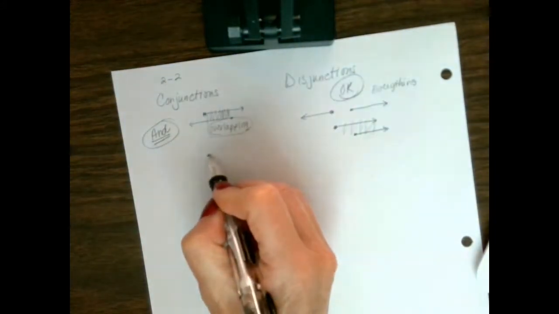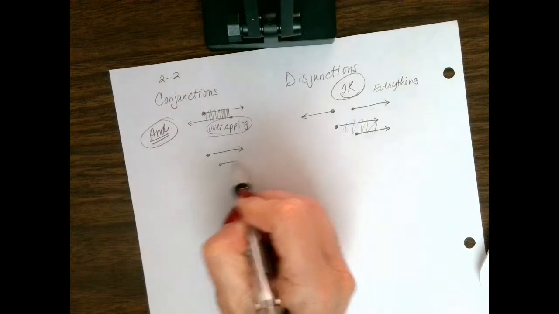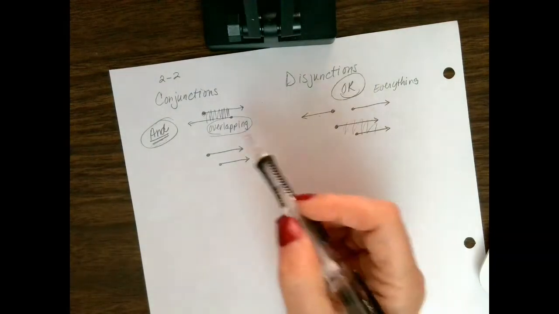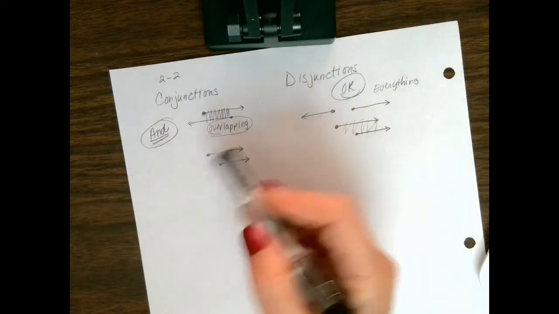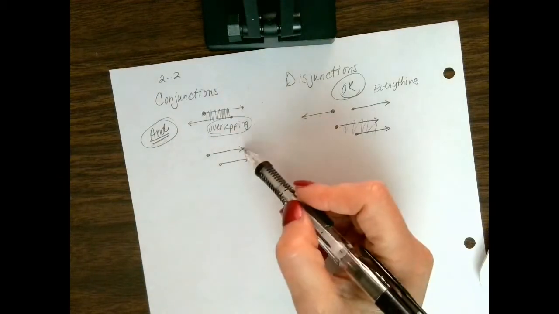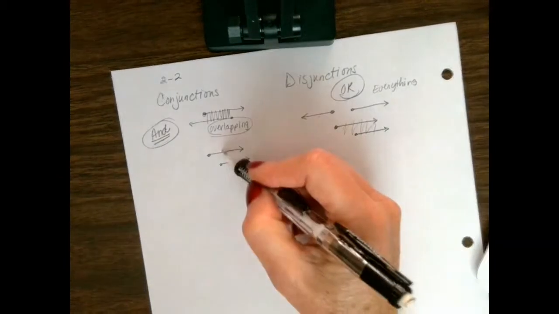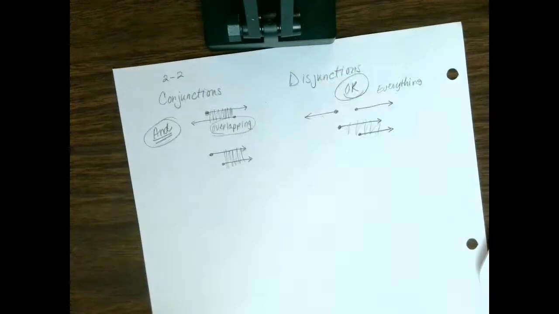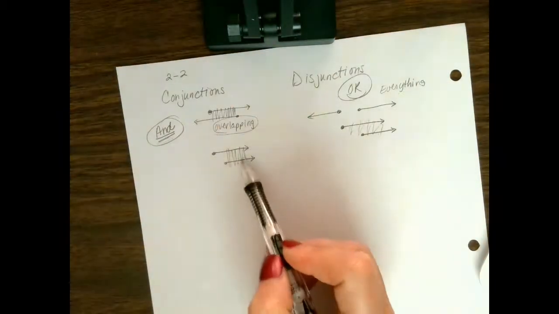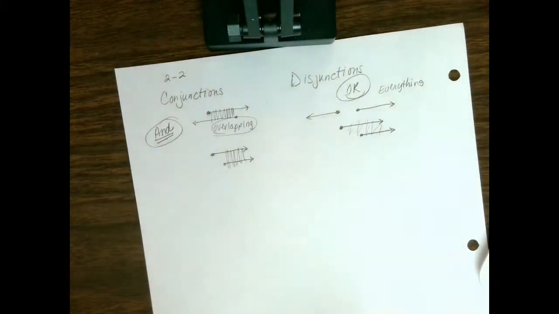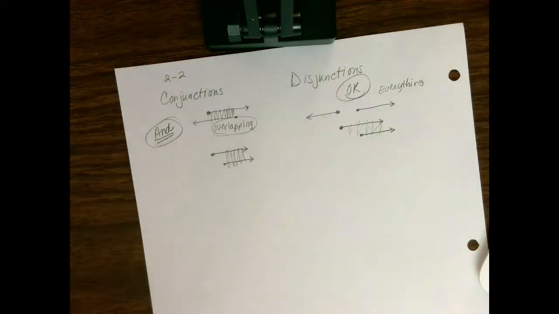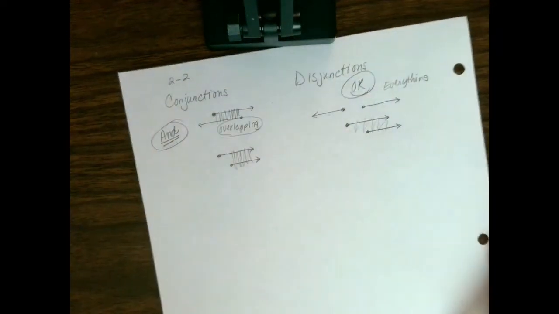Whereas if I had the same two graphs on an and statement, if I'm looking for the overlap, if I want what is on this one and that one, I would have to just look at the overlap of it, the points that would be on both. So we're going to talk a little bit about conjunctions and disjunctions and how to graph them and how to write them going through these examples.